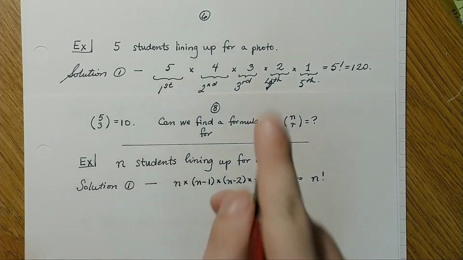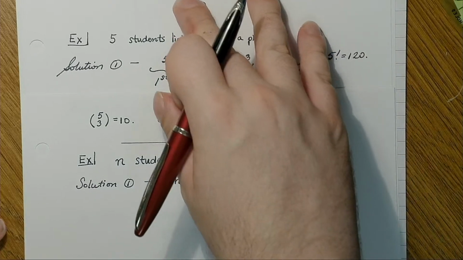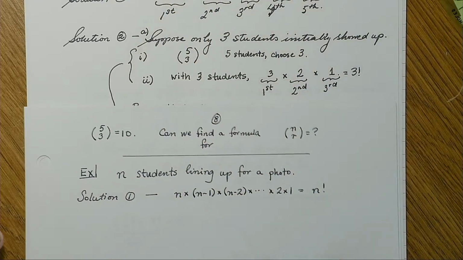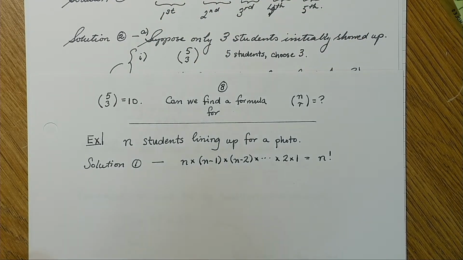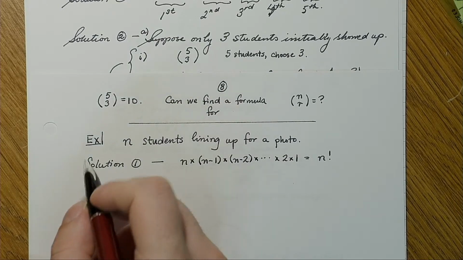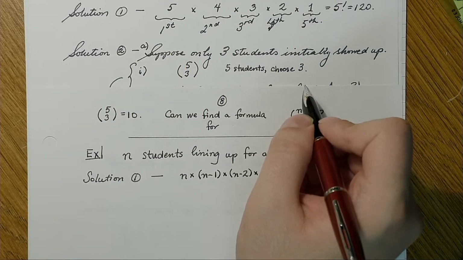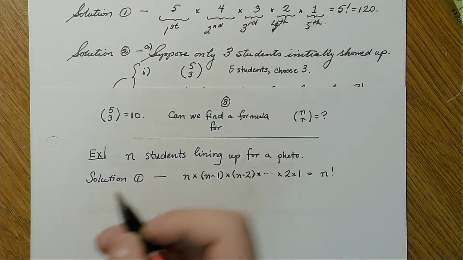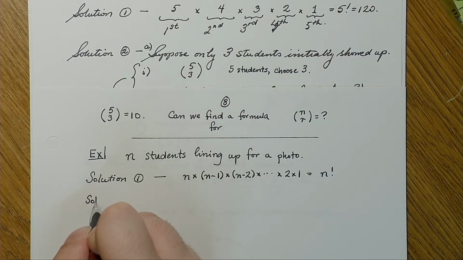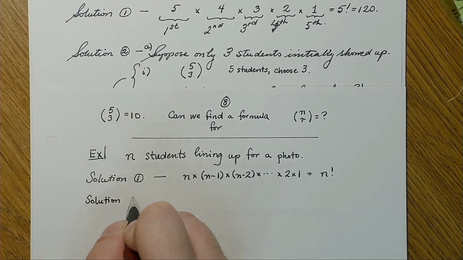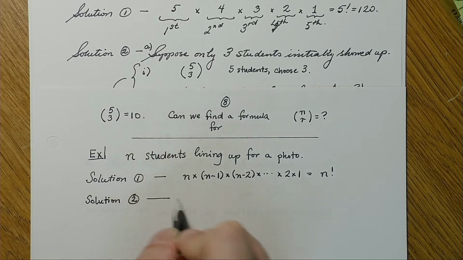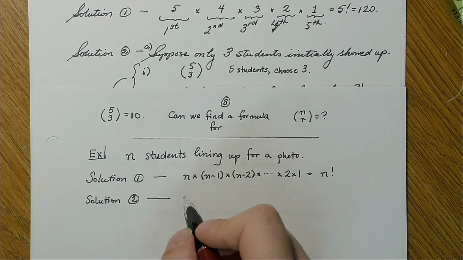So that's the first one. So what I'm doing is I'm just using my small concrete problem that I had done previously, and I'm just making it arbitrary now.